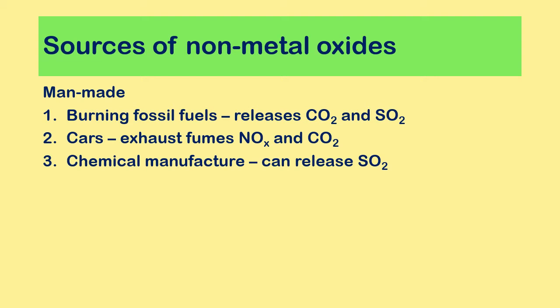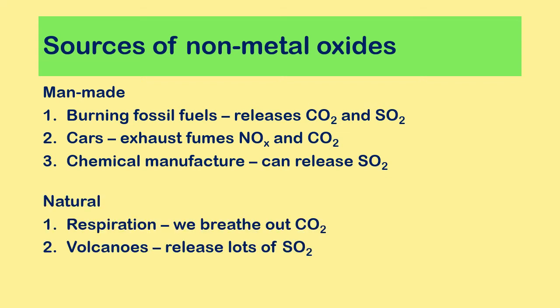So the NOx represents both NO and NO2. And car exhaust fumes also release carbon dioxide because you're burning petrol. And whenever we make certain chemicals, we can end up releasing gases into the atmosphere. One of the common gases released during the manufacture of other chemicals is sulfur dioxide.